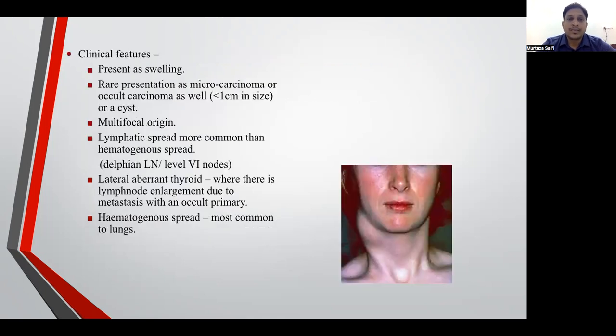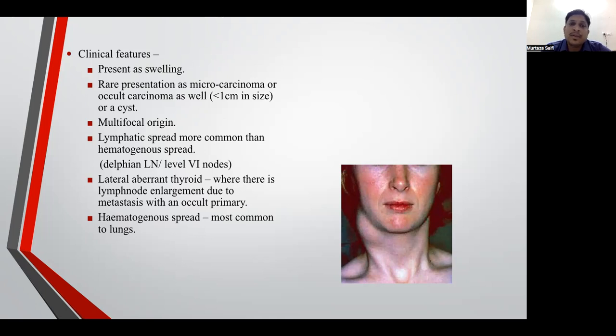Then here are the clinical features, as you can correlate in the figure also. Definitely it presents as a swelling. A rare presentation is as microcarcinoma or occult carcinoma, less than 1 centimeter in size, or a cyst. You can see this swelling in the photograph. It has multifocal origin. Lymphatic spread is more common than hematogenous spread.